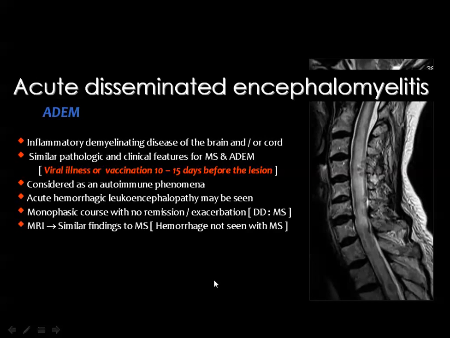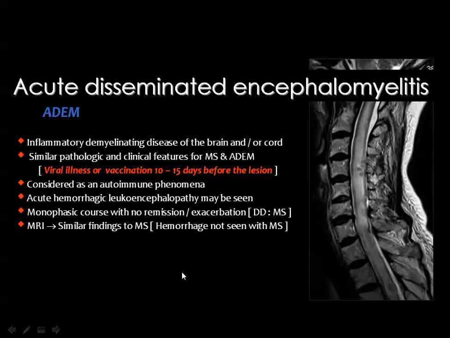In ADEM, and I have explained this inflammatory process in the lecture of the brain infection, this is an acute demyelinating disease which affects the brain, and sometimes it can also affect the cord.